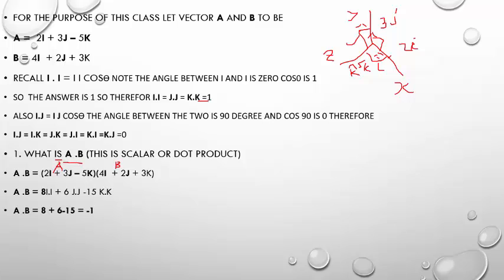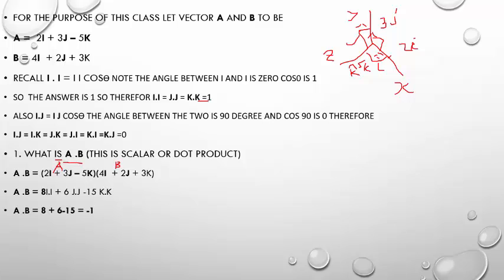And don't forget that i dot i is equal to 1. So I will have this one to be 8. So 2i dot 2j, because we know that i dot j is equal to 0, that will be 0. There's no point in writing that. 2i dot 3k, we know that i dot k is equal to 0. There's no point in writing that. We move to this one.